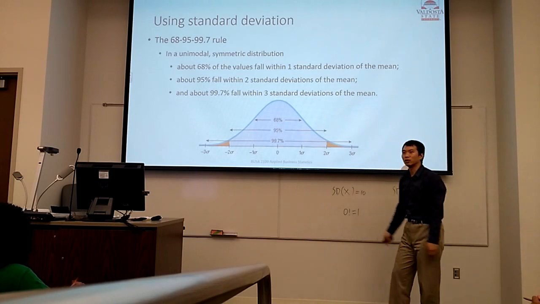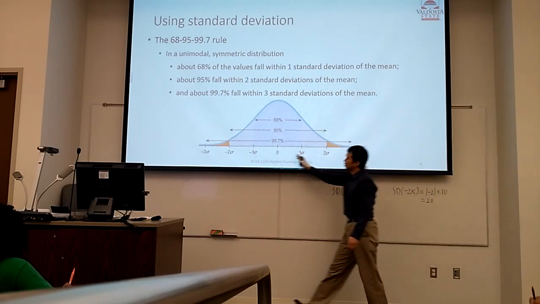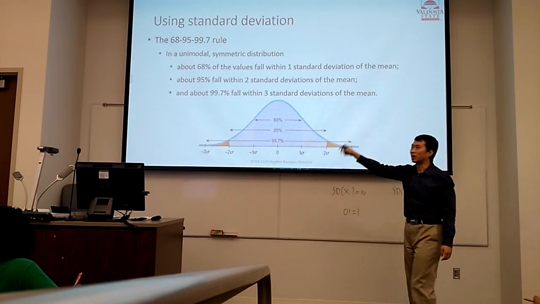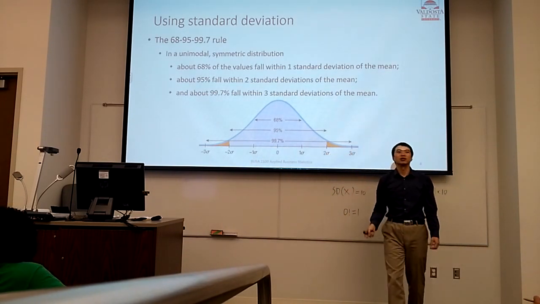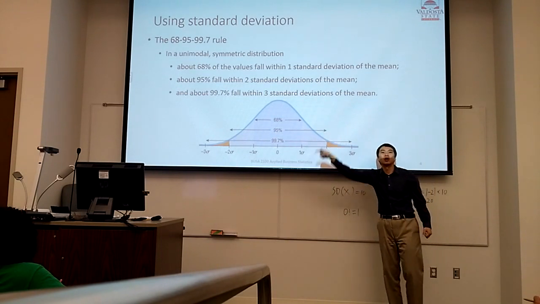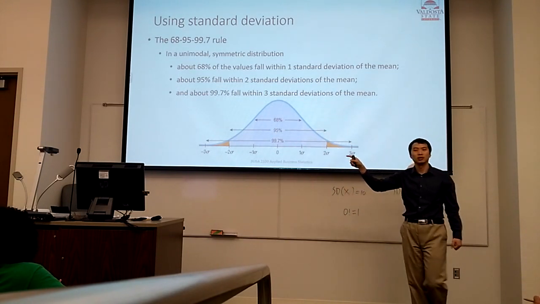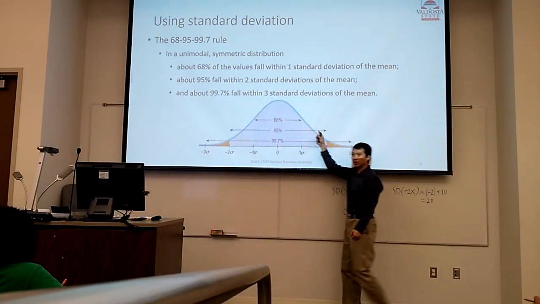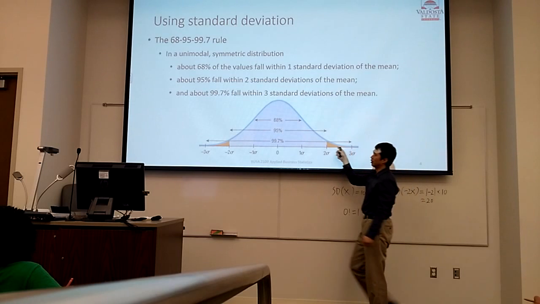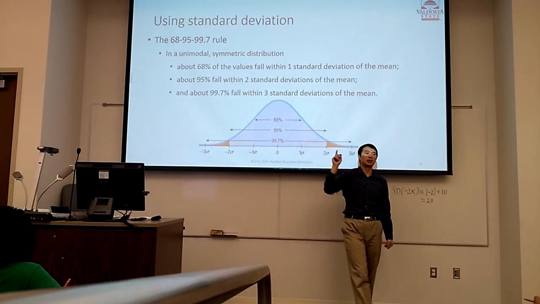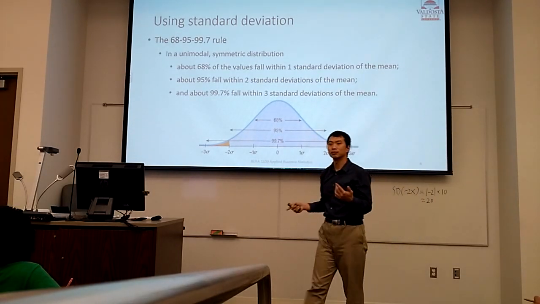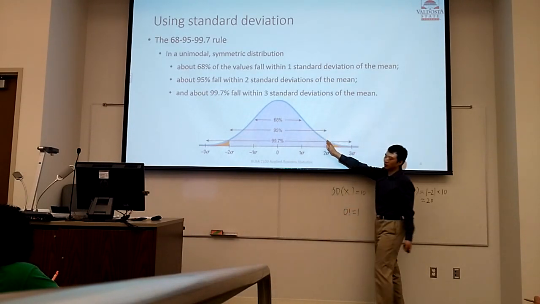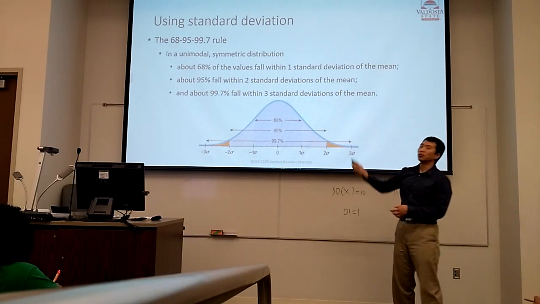And if we are talking about 3 standard deviations away from the mean, that will cover 99.7% of the whole area. This is a distribution, so we know the whole area must be equal to 1. That's a probability, right? That's what this rule is talking about.